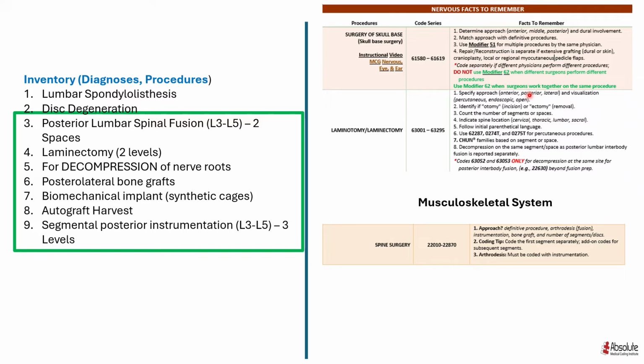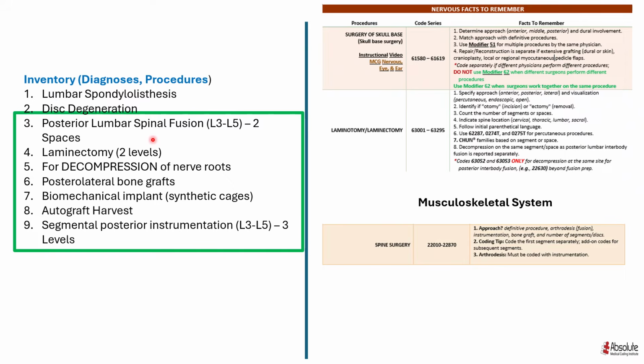We got some ectomies here, right? And then count your number of segments or spaces, because you got to know what you're coding for, and indicate the spine location. Where is it? On your cervical, thoracic, lumbar, or sacral? We're on the lumbar. Also, pay attention to your parenthetical language and chunk your families and make sure you indicate your segments and your spaces.